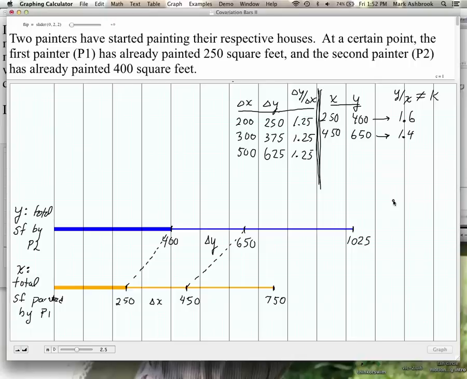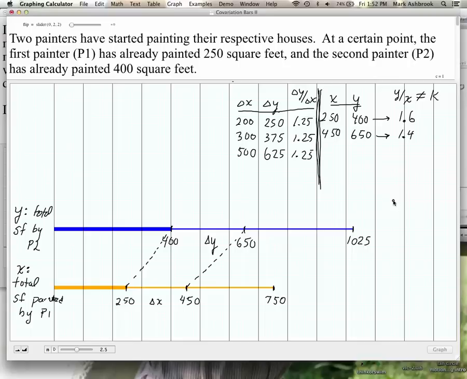How many people think that Y is changing at a constant rate with respect to X? One person. Anybody else? 2, 3. Don't be shy, because you're right if you raise your hand. Y is changing at a constant rate with respect to X. What's the test for that?